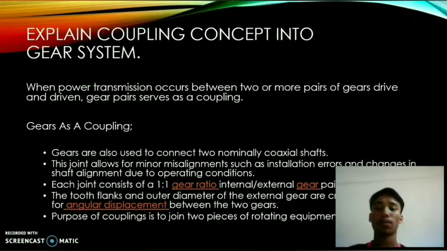Okay. First, explain a coupling concept in gear system. Meaning, when power transmission occurs between two or more pairs of gear, drive and driven, the gear pair serves as a coupling.